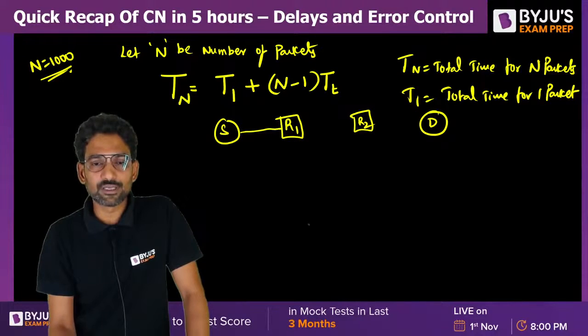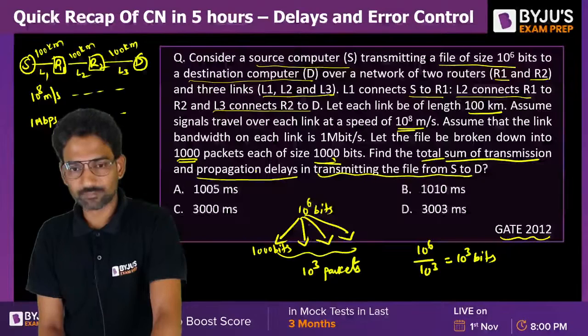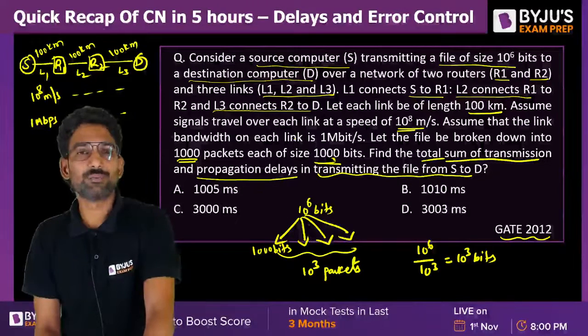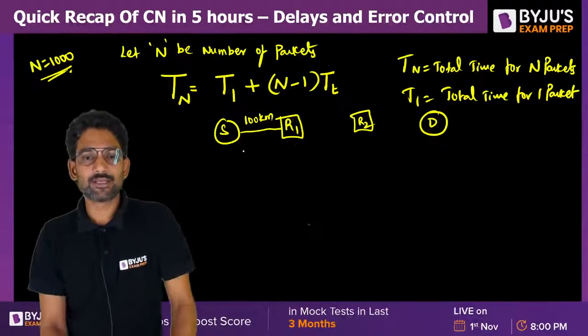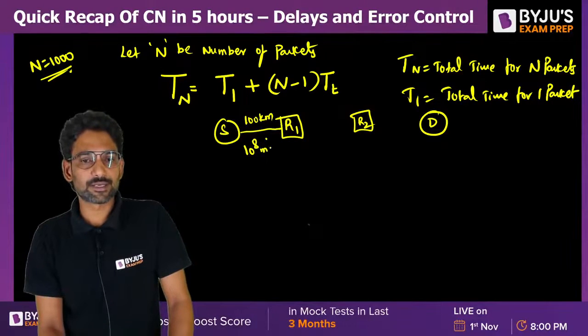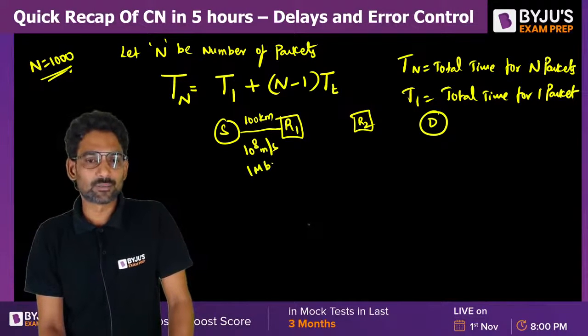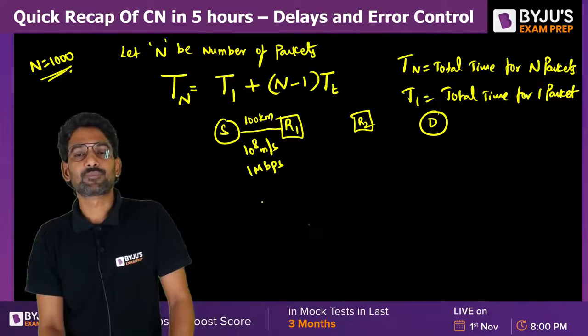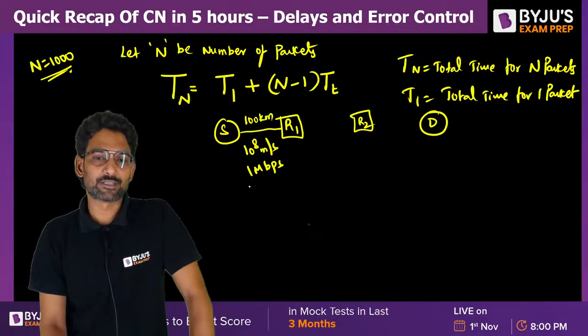The length of each cable is 100 kilometers. Speed is 10^8 meters per second. Bandwidth is 1 megabit per second. Packet size is 1000 bits.